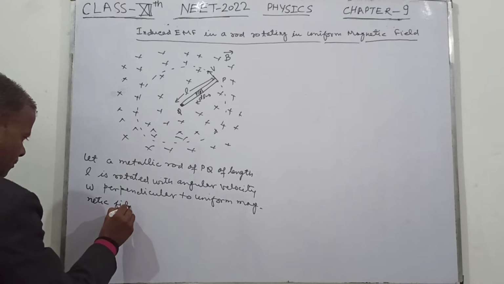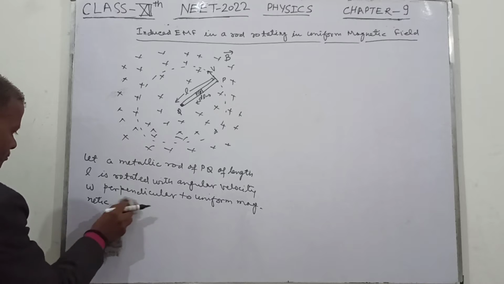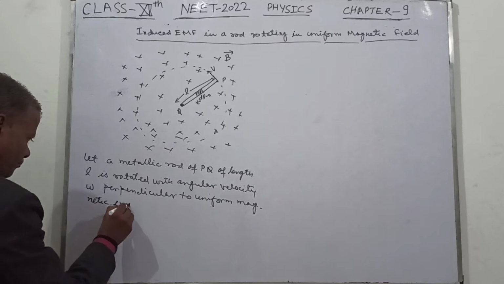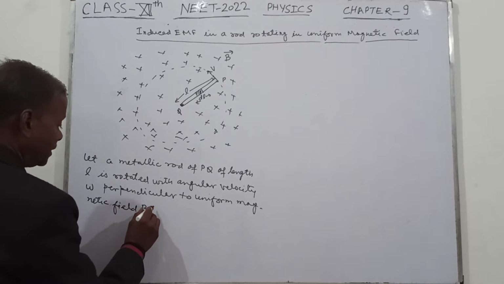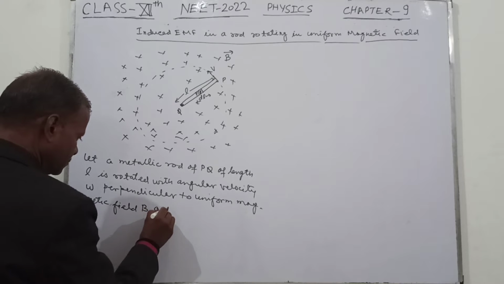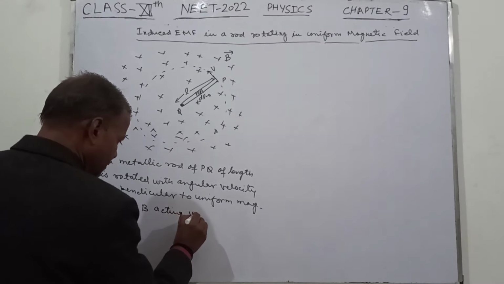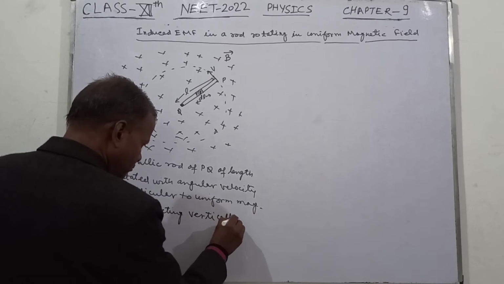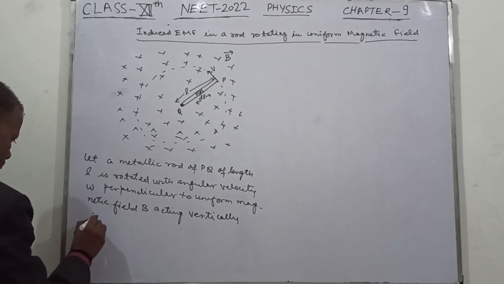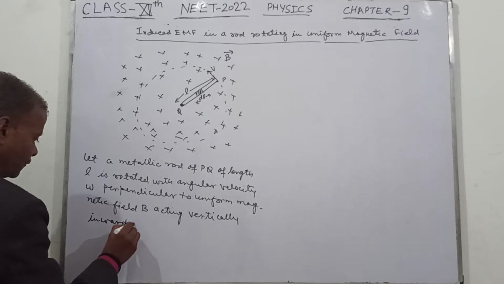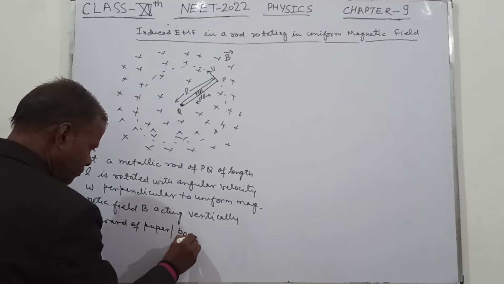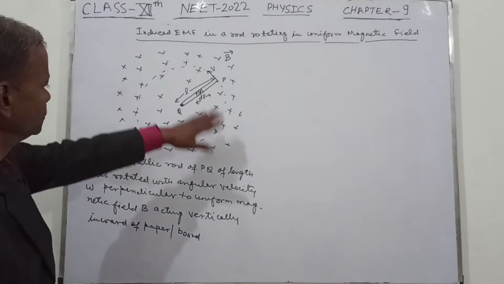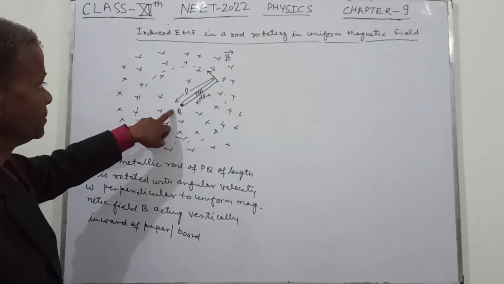Magnetic field B, acting vertically inward on the paper or board. On this board, the end Q is fixed and P is rotating.